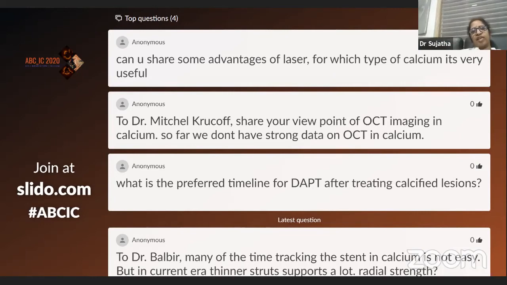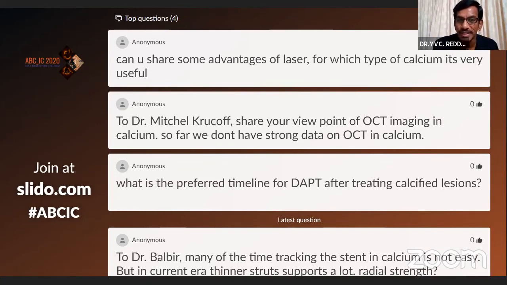I think Dr. Reddy would be best to answer. Can you share some advantages of laser for which type of calcium, as we don't have any experience in India with laser? Yeah. Dr. Michelle, I think your views on that. I think Vivek should go ahead. Dr. Reddy. Yeah, laser, we don't have any experience, but I understand, of course, if there's a balloon non-crossability, that is one technology which might help.